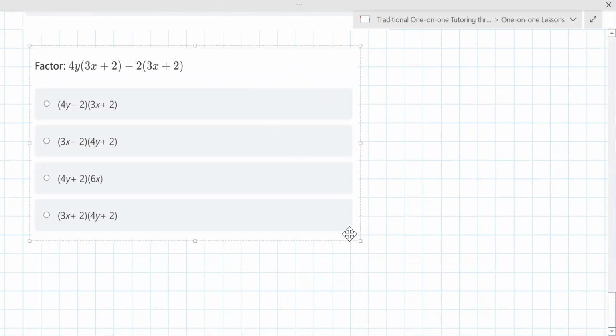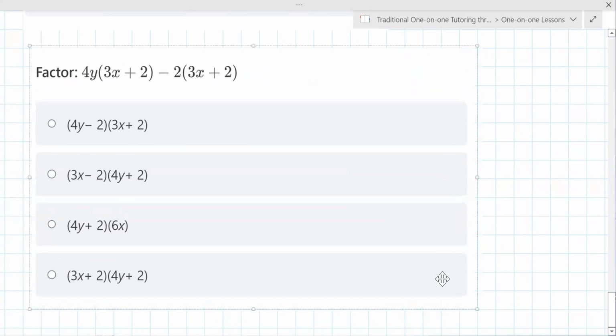Okay, so this is kind of like the previous problem we did, except you're not supposed to distribute anymore. So when you factor, it's very different than distributing. Now, have you covered factoring yet in any of your classes? A little bit. Factoring is one of the things I didn't understand. Okay.